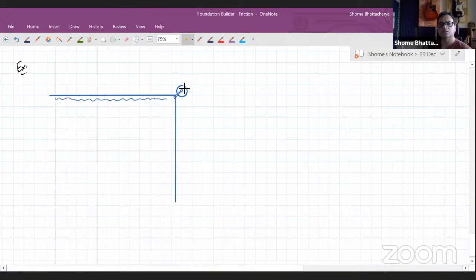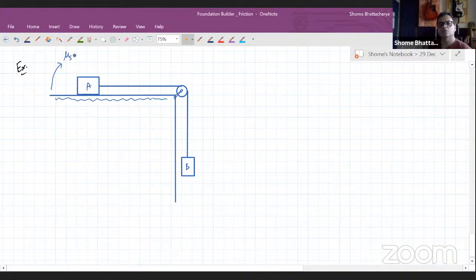And what we are doing is, a light thread is going around the pulley attached to a system of two blocks like this. So this is the block A, let's say. This is the block B. And this is a rough surface.